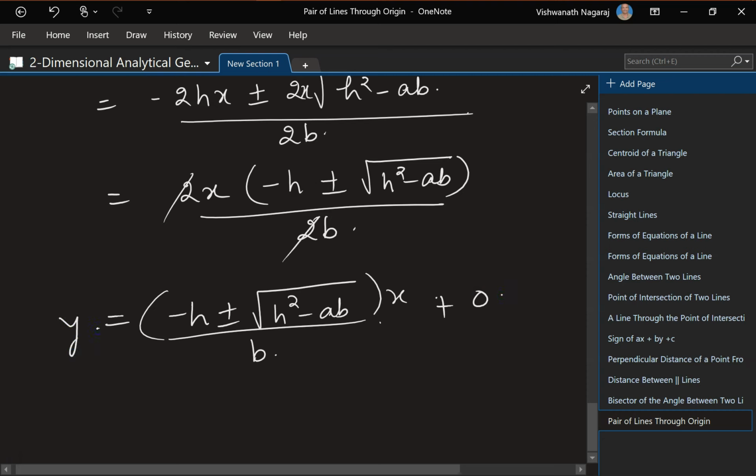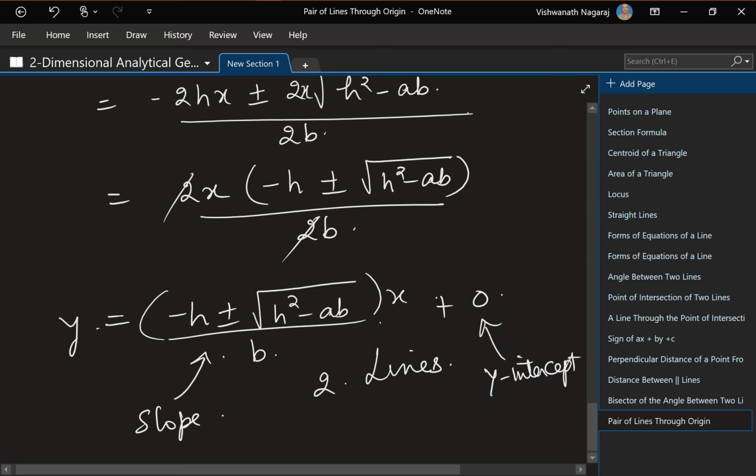So this is nothing but a line. Actually, two lines. Why? Because there is plus or minus. Here, this is the slope and this is the y-intercept.